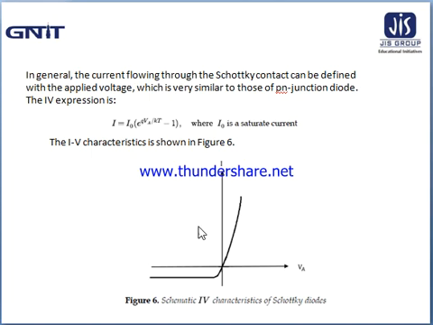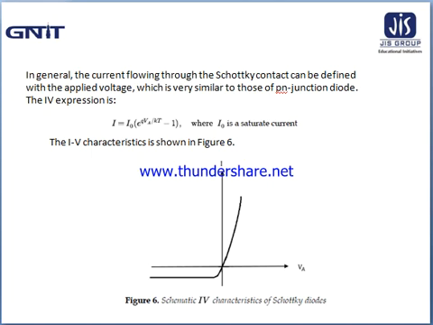Here, under forward bias, when VA is greater than 0 and exceeds a few kT by q volts, the current will be dominated by the exponential term. For reverse bias, when VA is less than 0 and the reverse bias is greater than a few kT by q volts, the exponential term can be neglected.